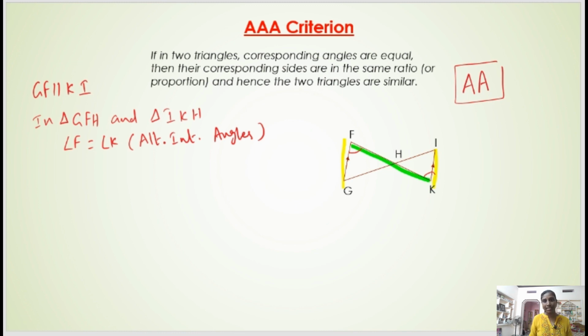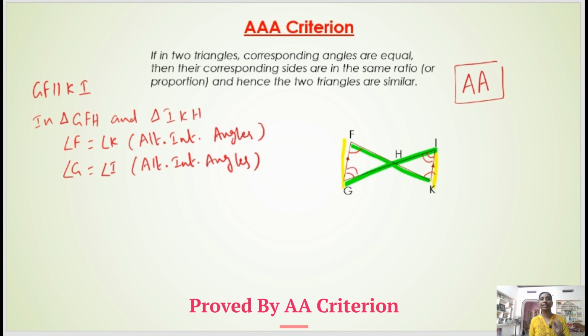GI is also a transversal. So we can see one more pair of alternate interior angles here at G and at I. So angle G is equal to angle I. What is the reason here? Alternate interior angles. Okay, so now it is enough because we have proved that two corresponding angles are equal in these two triangles. So these two triangles are similar to each other by AA criterion.